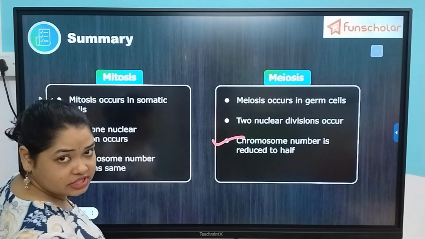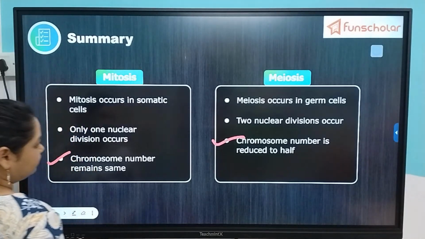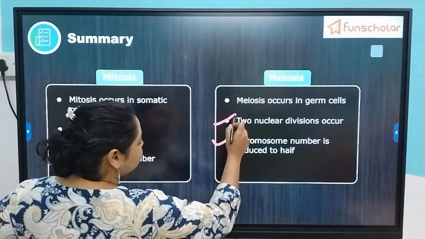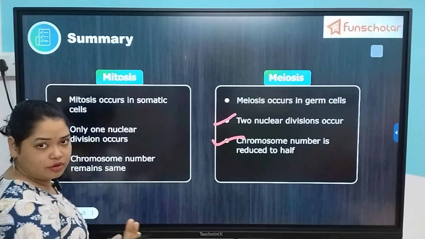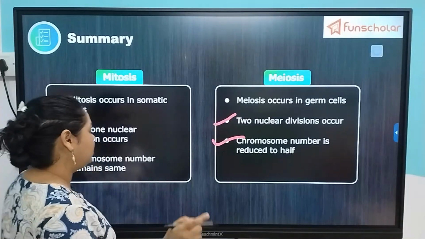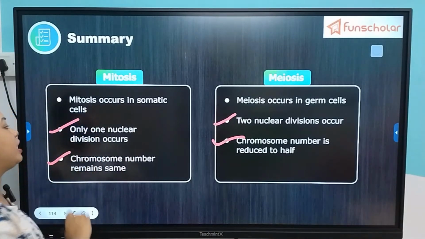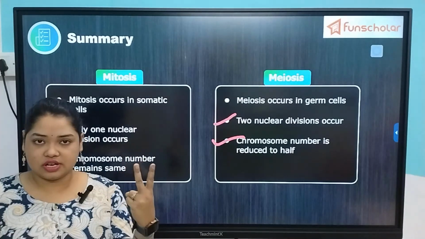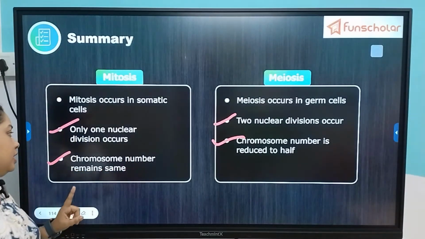That means if it was 46 before, it will be 23. Now, it happens after two nuclear divisions. That is why four daughter cells are formed from one diploid cell. But in mitosis it happens after one nuclear division only. That is why only two daughter cells are formed from one diploid cell.